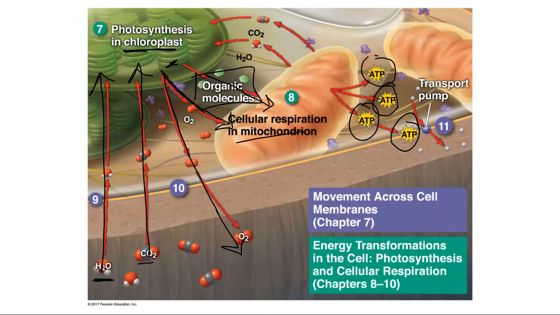The carbon dioxide that gets released in the pyruvate dehydrogenase complex and the citric acid cycle can be used to go right back into the chloroplast for photosynthesis.